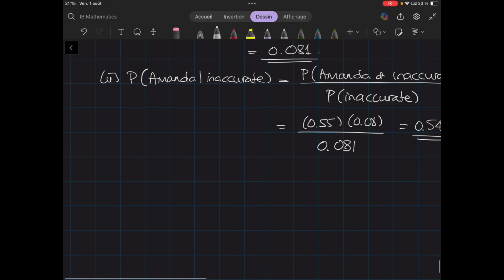Now we are going on to part D. The following year, the accuracies of Amanda's and Bryce's work remained the same, as did the percentage of the surveys entered by each of the three employees. However, Carmen's accuracy has improved, and the probability that she entered a survey inaccurately was now X%.